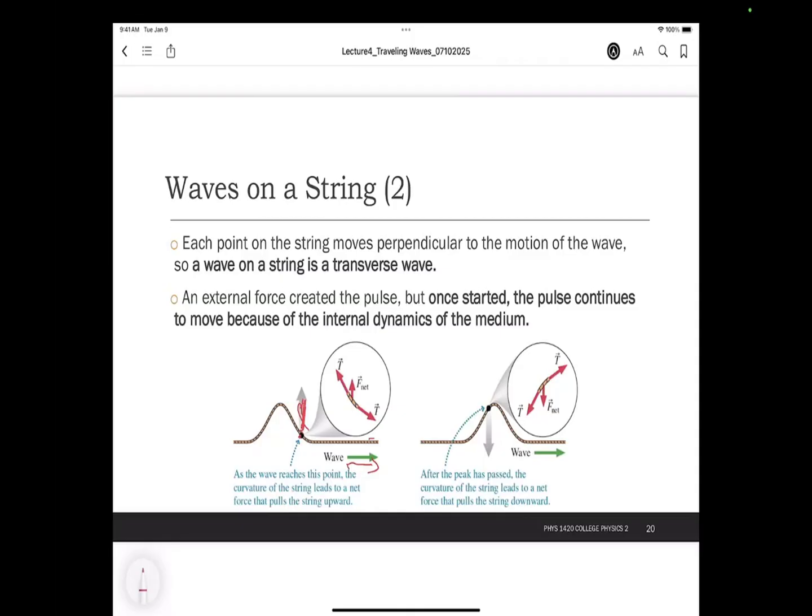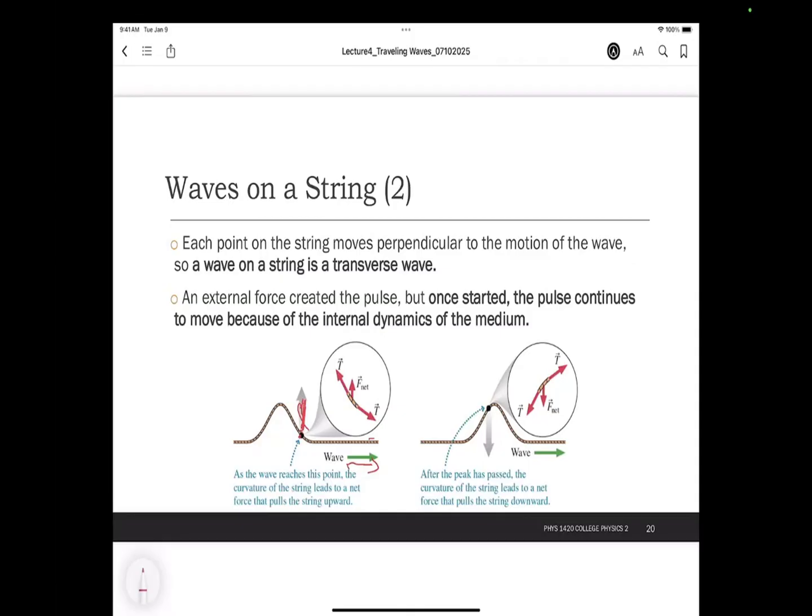An external force created the pulse, but once started, the pulse continues to move because of the internal dynamics of the medium. This is why this string will move up and down.